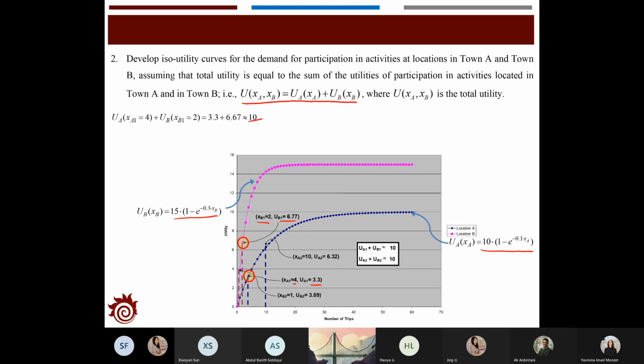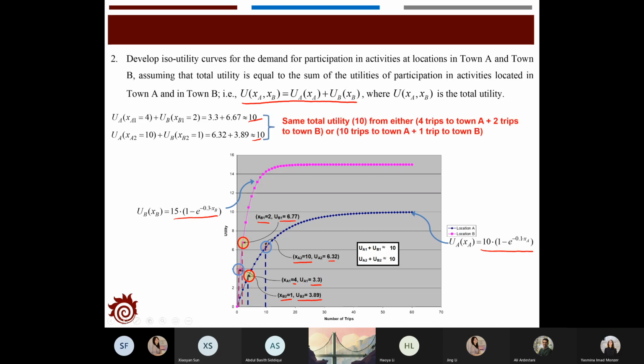And if we search for another pair of XA and XB, for example, say that XA is 10, then you have utility as 6.32. You have XB equal to 1, then the utility of town B is 3.89. And if we add them together, it's also approximately 10.